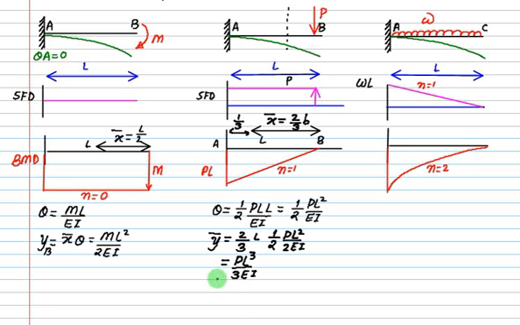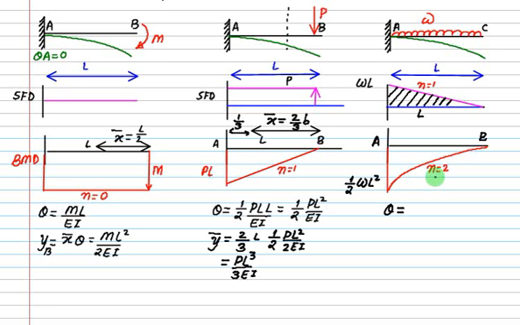Fine. Now this one is a spandrel. Is it correct? What is the area of this figure? What is the area of the SFD? Is it 1 by 2 WL square? So what is the area of this figure, is it equal to theta?